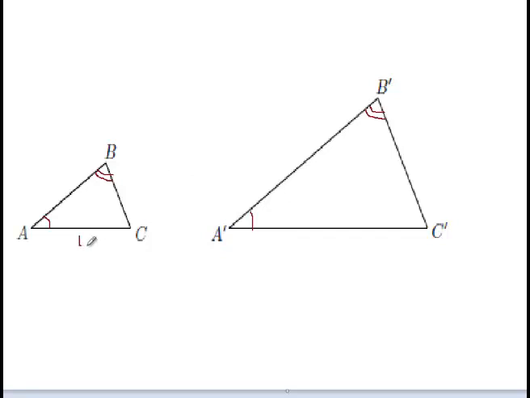So, for example, if I say that this is 4, and that's 5, and that's 2, let's say, now if I tell you that this is 12, well, then I can figure out these other two sides also, because they're all in proportion. This is 3 times the size of that, so this side also has to be 3 times the size of the corresponding side, which is 15, and this has to be 3 times the size of this, which of course is 6.